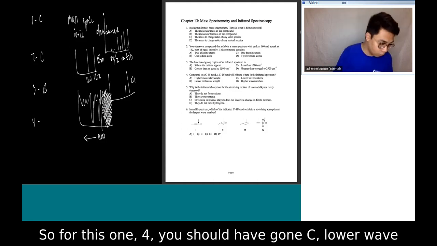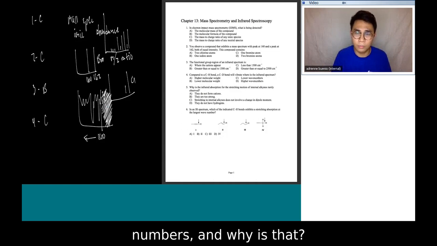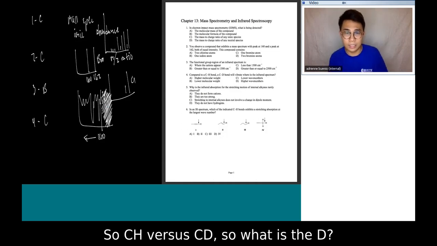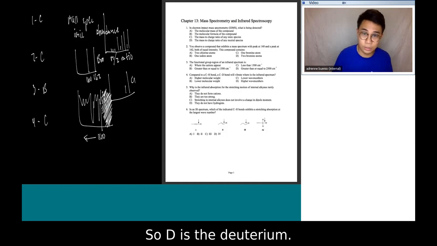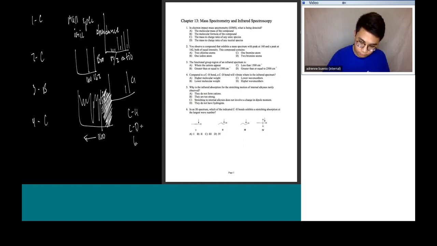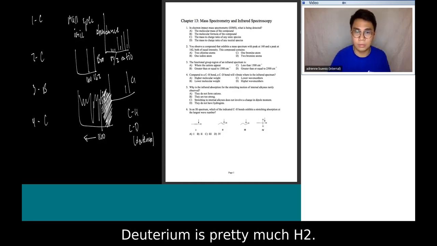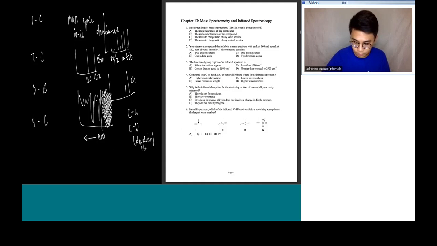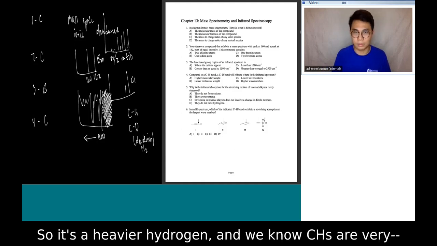Compared to a CH bond, a CH bond will vibrate where in the infrared spectrum? For this one, 4, you should have gone with C, lower wave numbers. Why is that? CH versus CD: what is the D? D is deuterium, which is pretty much H2, a heavier hydrogen.